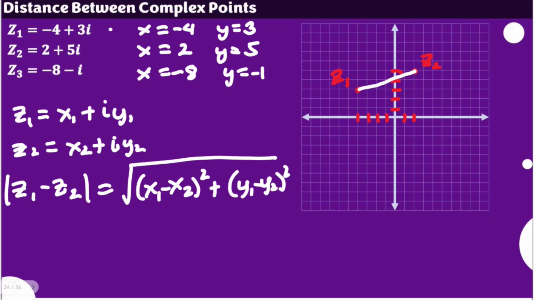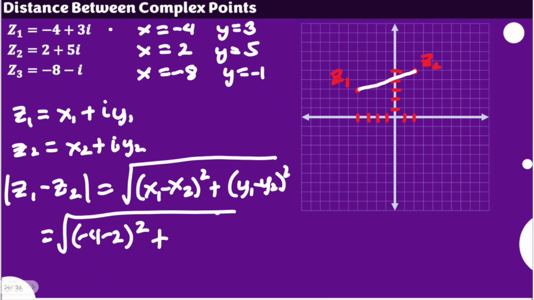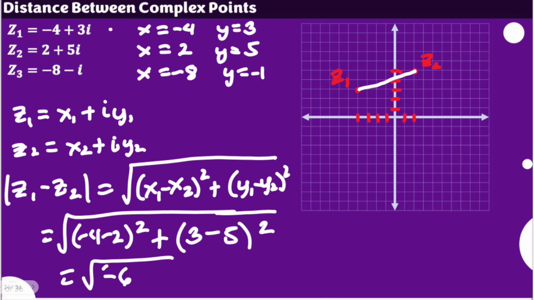Now let's identify the distance between them. For z sub 1, z sub 1 is negative 4 for our x component. So you have negative 4 minus 2 squared, plus for our y, 3 minus 5 squared. You will have the square of negative 6 plus the square of negative 2.